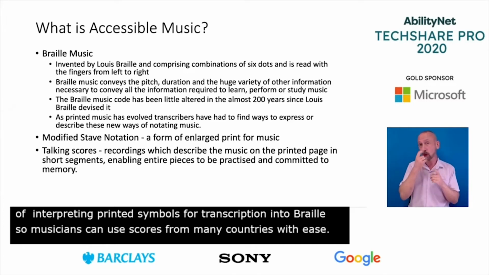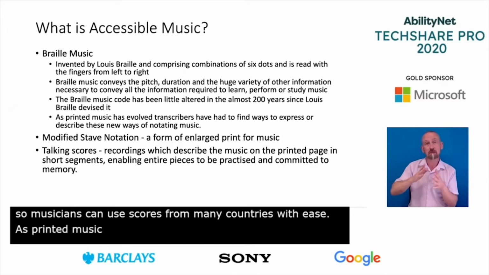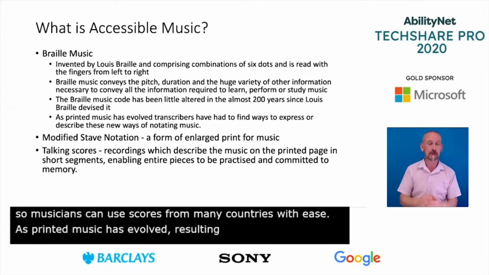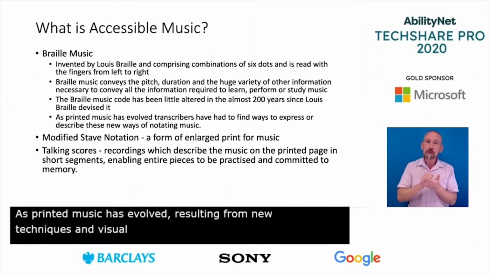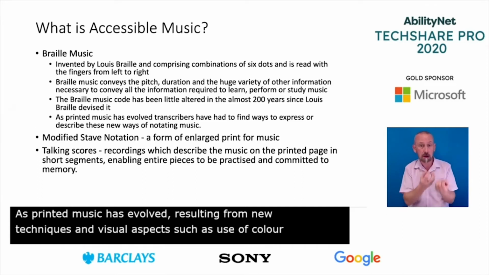As printed music has evolved, resulting from new techniques and visual aspects such as use of color, transcribers have had to find ways to express or describe these new ways of notating music.